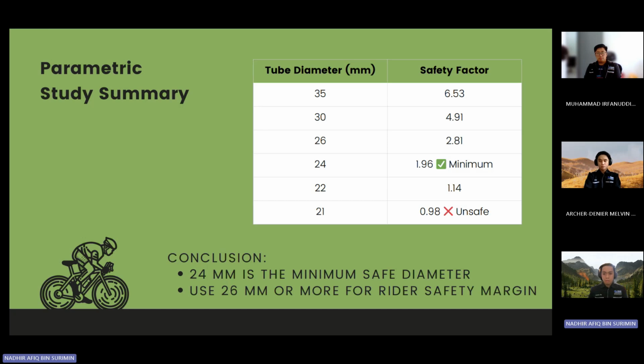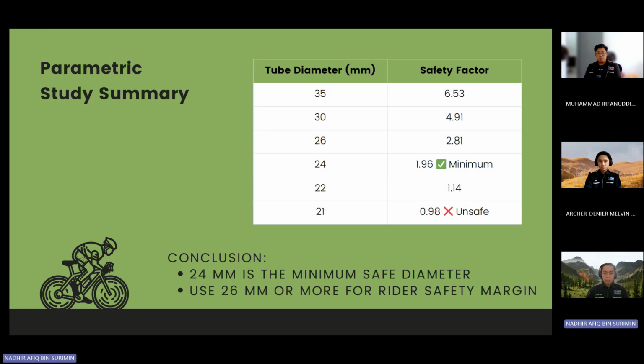For 22 mm, the safety factor is 1.14. And lastly, for 21 mm, the safety factor is 0.98, which means unsafe.